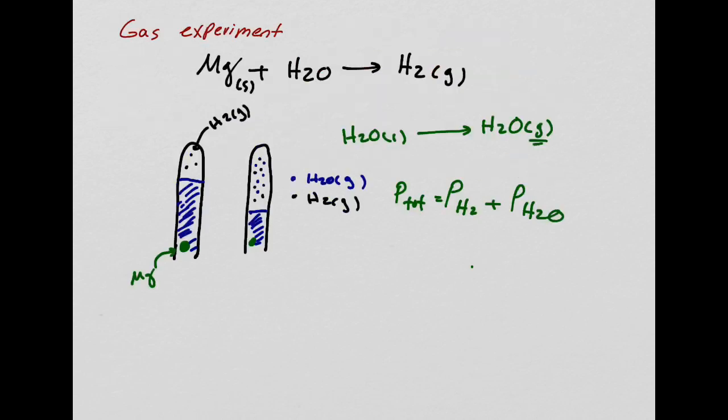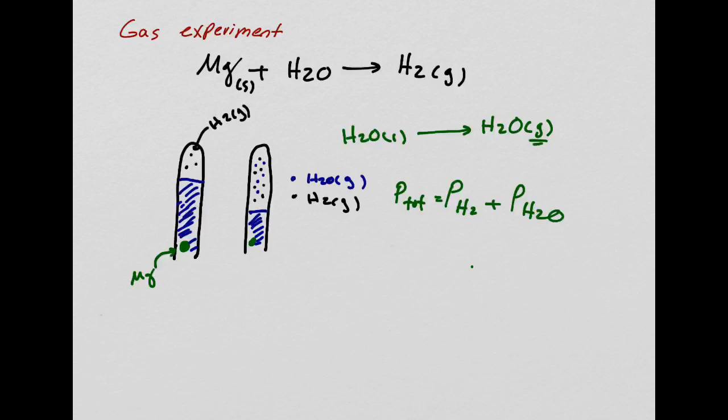This is exactly what we just talked about. You add a metal, you have water, and you produce some H2 gas. After a while, you produce more and more H2 gas. That's how you collect gases over water. There's water displacement.